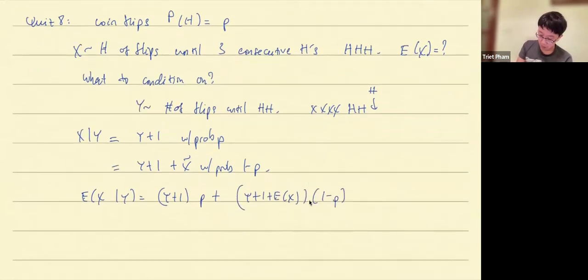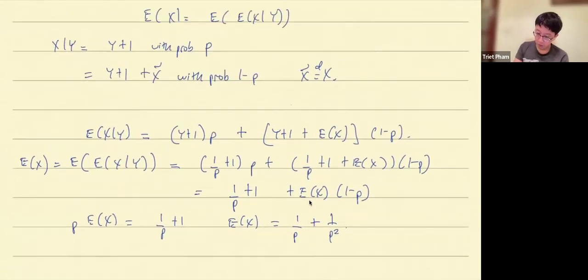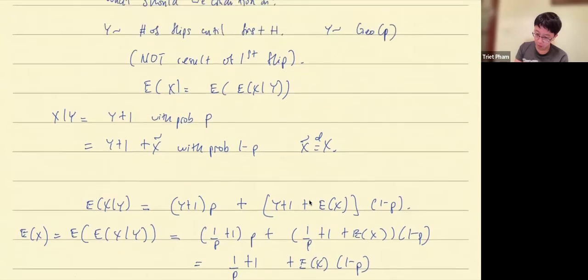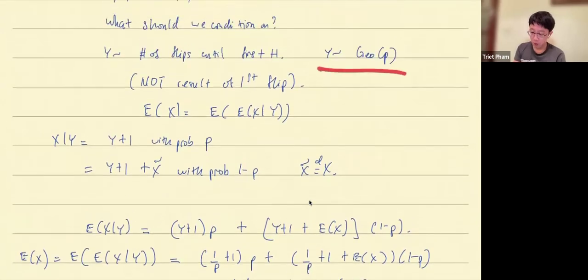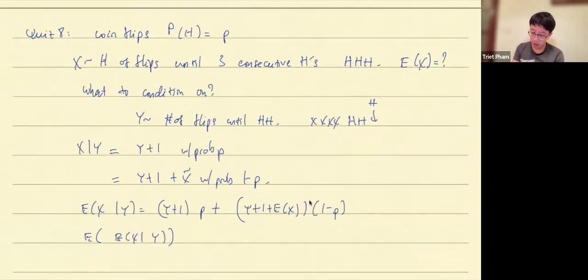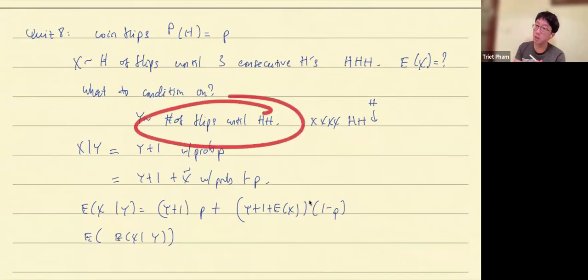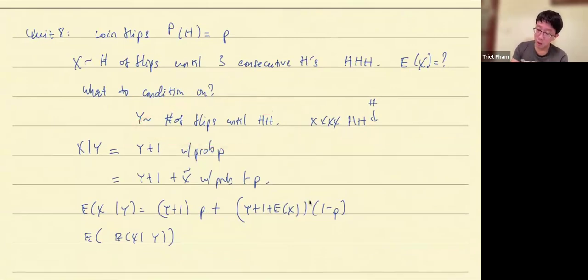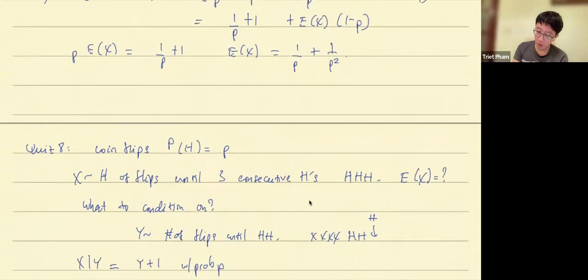The only difference now is that before, when we calculated expectation of Y, we said Y is geometric p, so therefore expectation of Y is 1 over p. But now Y is the number of flips until heads, so we have to build upon the previous calculation.